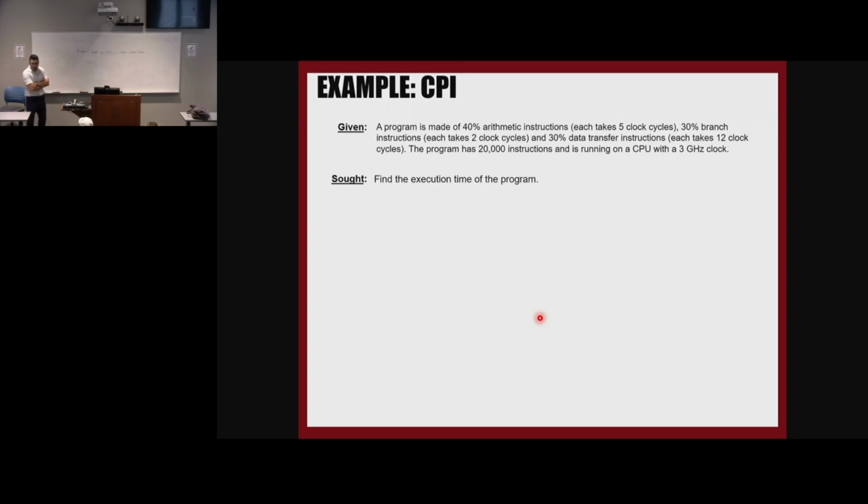Okay, so let's solve it together. We have this equation right here. We already have the number of instructions from here. Then we have the clock. We don't have the clock cycle time, we have the clock frequency. What it means is that to find the clock cycle time, we have to do what?